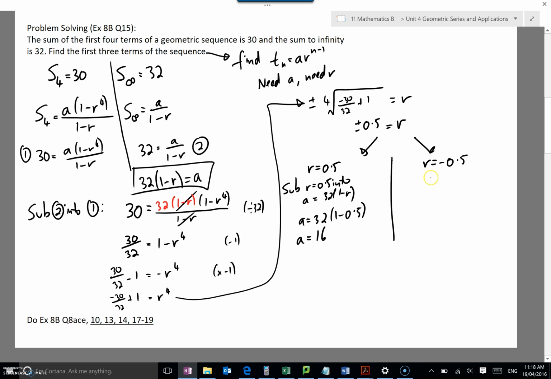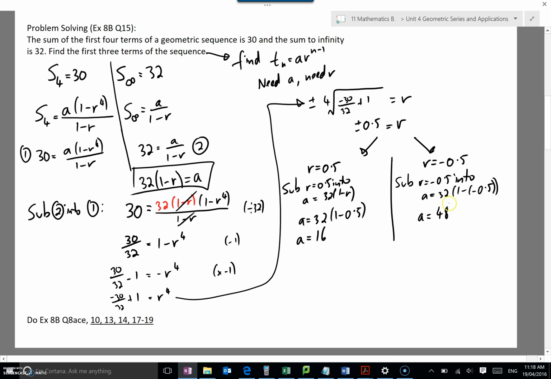On the other side with the negative, I'll do the same thing. Sub r equals minus 0.5 into a equals 32, 1 minus minus 0.5. Remember, I'm subtracting a negative number. Put this in my calculator, and I end up with 48 as my first term.